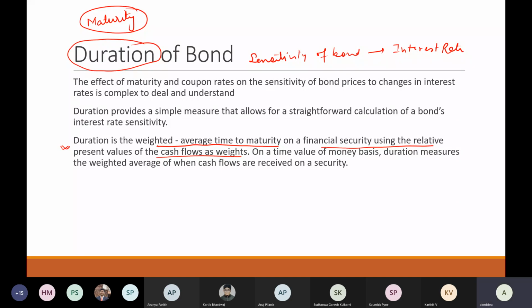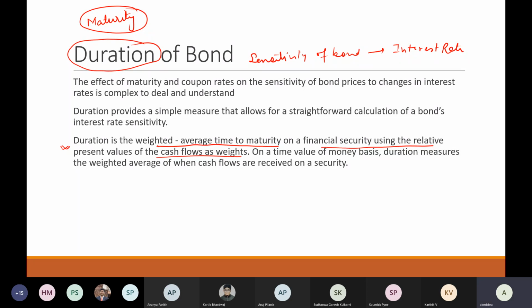So I said that one relationship we already know is the inverse relationship between interest rate and bond price. And another measure we will talk about later. So your duration is another proxy or a measure that captures the sensitivity of a bond with respect to interest rate.